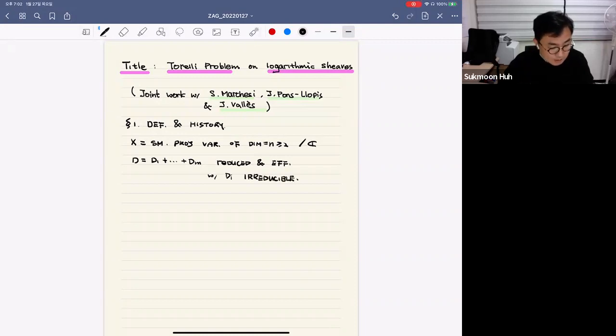Okay, and then one can define something called the logarithmic tangent sheaf, as a subsheaf of the tangent bundle, which fits into the following exact sequence.